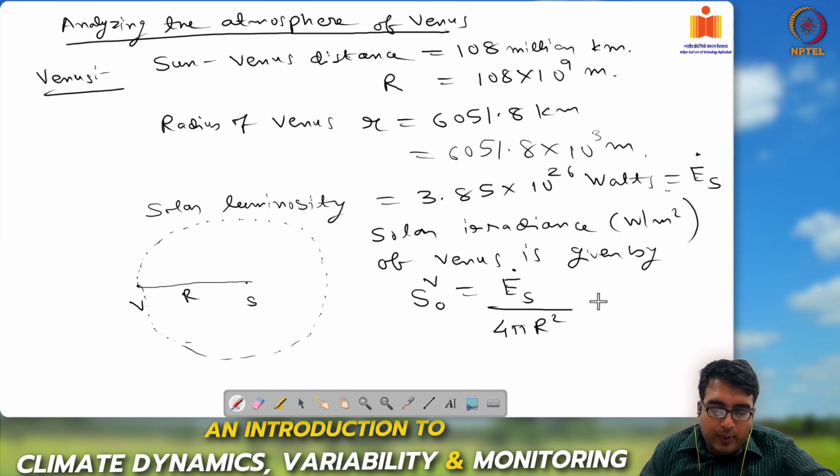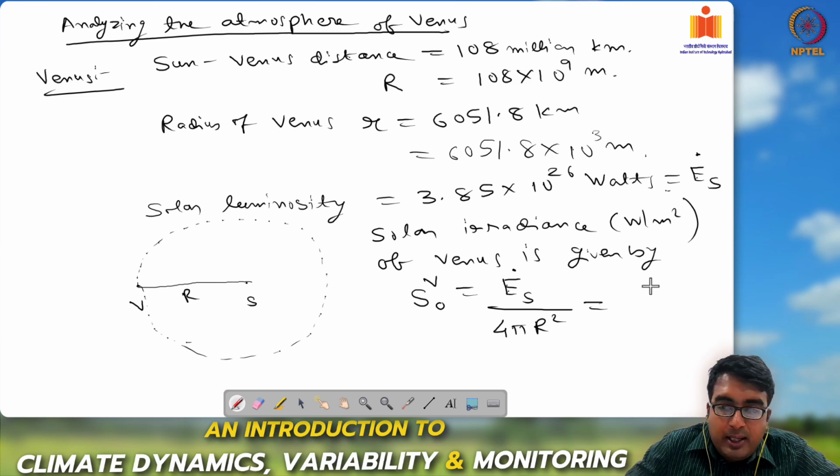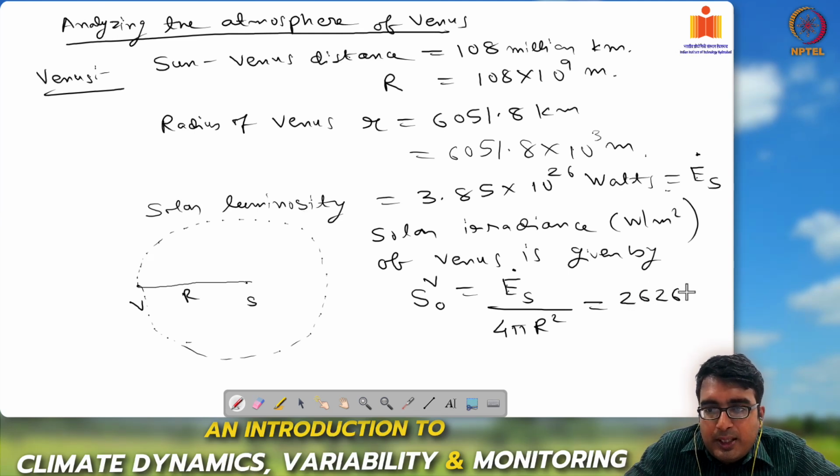Okay, so we can solve this. You can just put the values of E dot S, which is 3.85 × 10^26 watts, and 4 pi R square, where R is 108 × 10^9 meters. You can put these values and you will get the value as 2626 watt per meter square. Okay.